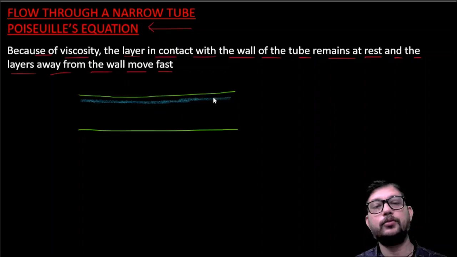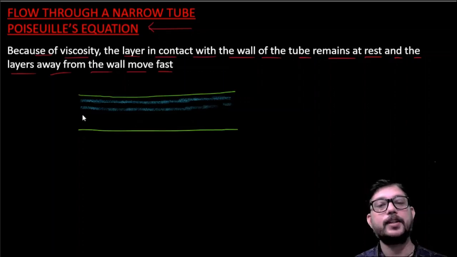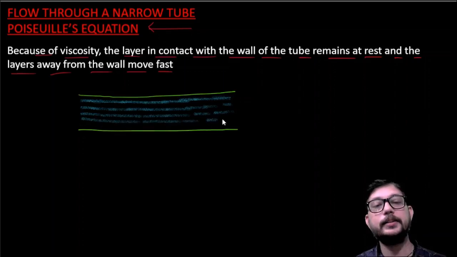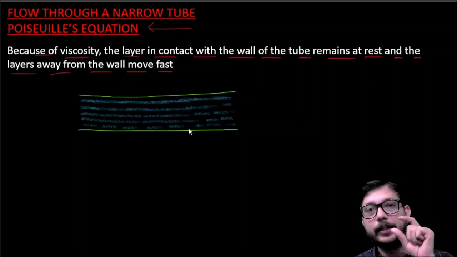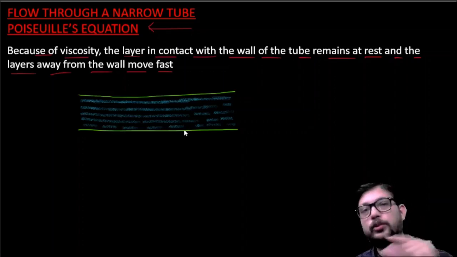This is one layer, this is another layer, like this. So there are several layers of the fluid which is flowing through the tube.